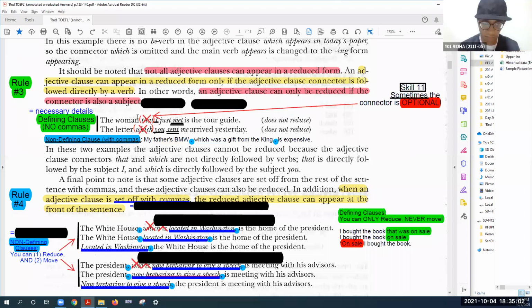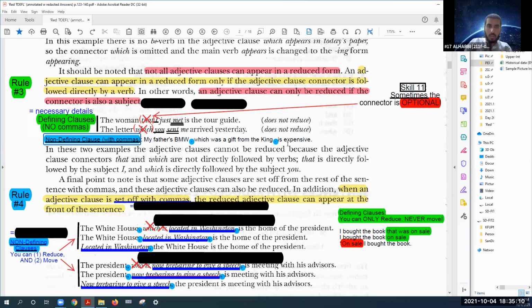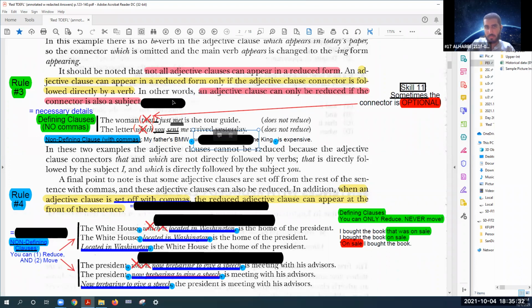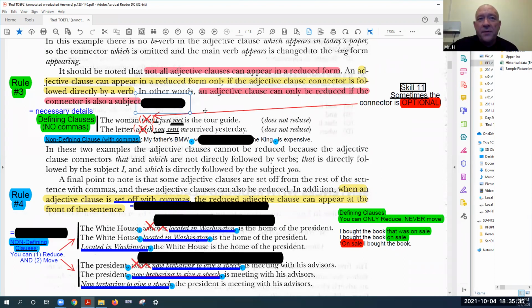Okay. All right. Now I have one more example here. Al-Harbi, can you read the third example here? Non-defining clause with commas. My father's BMW, which was a gift from the king, is expensive. Now, let me cover that one up. If I cover this up here, is this information necessary, or do you think that's optional information?